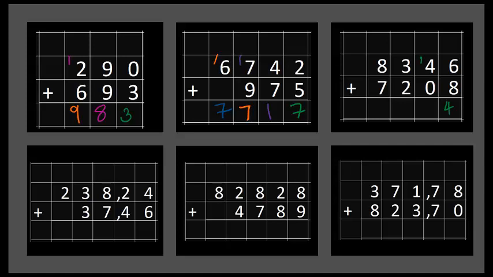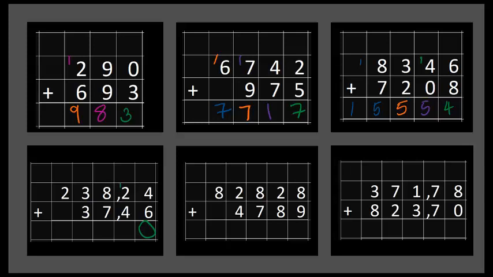Next question. 6 and 8 is 14. 4 carry 1. Then we say 4 plus 1 is 5. And we say 3 and 2 is 5. And we say 8 and 7 is 15. Carry 1. Which means that our last digit is going to be the one brought down. Okay, next question. 4 and 6 is 10. 0, carry 1 over.